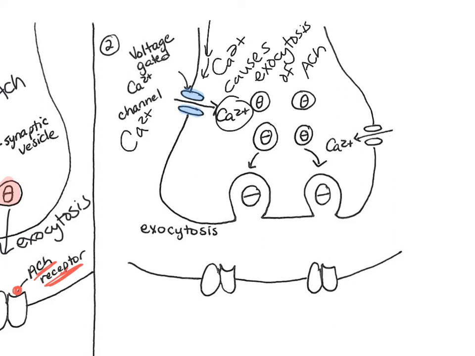When calcium floods into the axon terminal, it causes the exocytosis of those acetylcholine molecules and releases acetylcholine out into the synaptic cleft. So the first step is you need the action potentials. The second step is you need these voltage-gated calcium channels to open up, right?